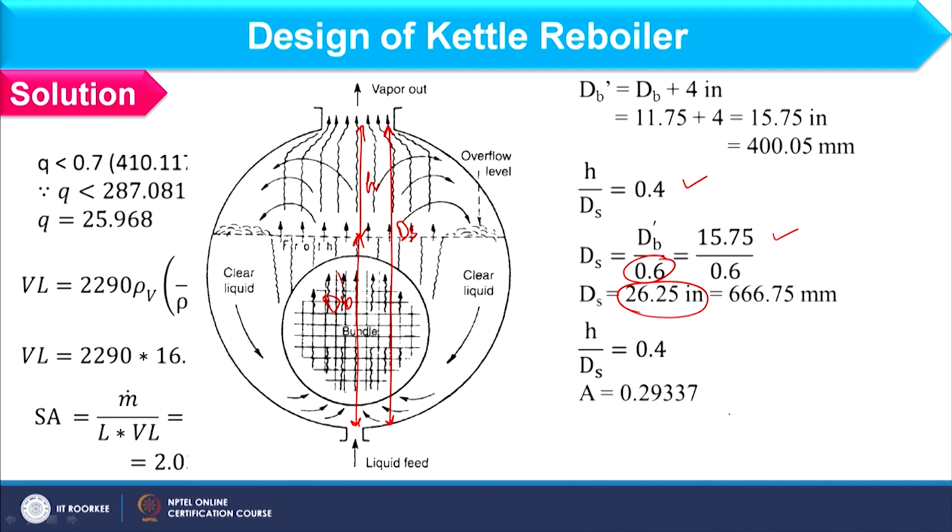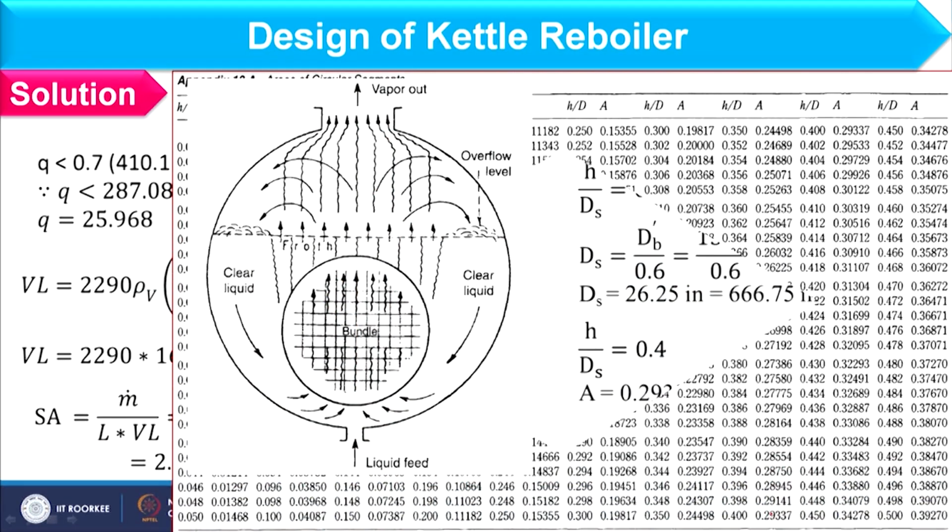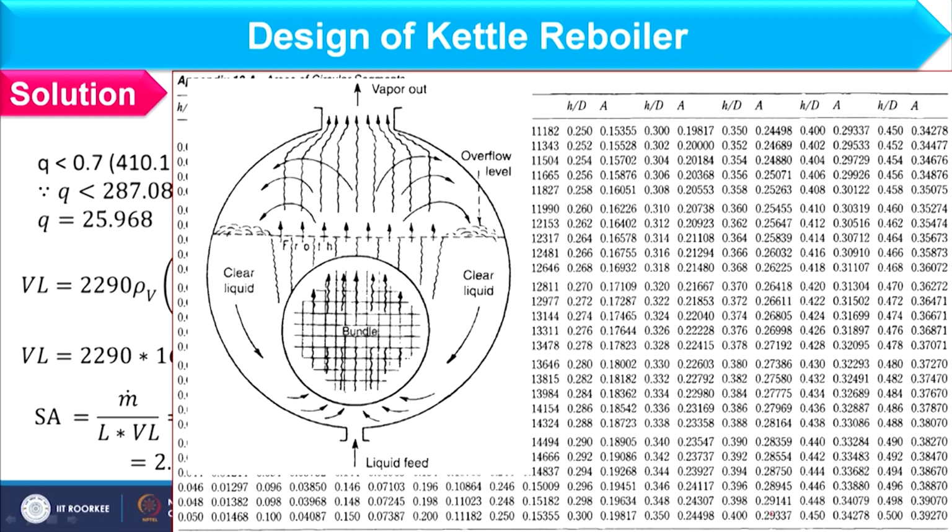Okay. So, we have to find out the revised segment area, okay, and for that purpose we have to find out the segment area factor. Okay. So, to find this we have to focus on this particular table, and if you see this table, here I am having h by d, that is nothing but h by ds, and a factor.